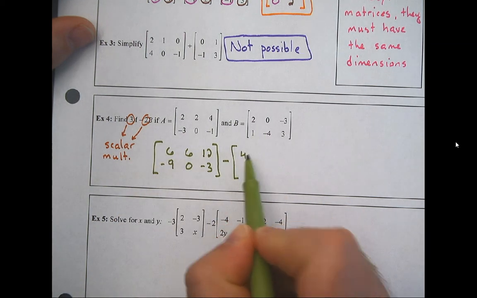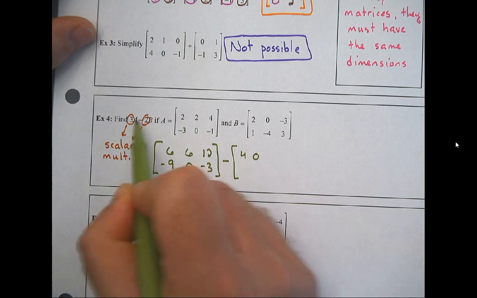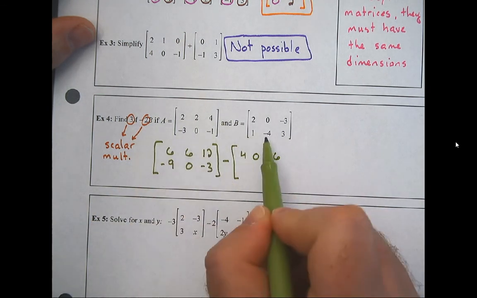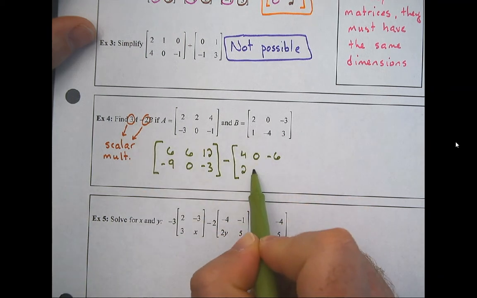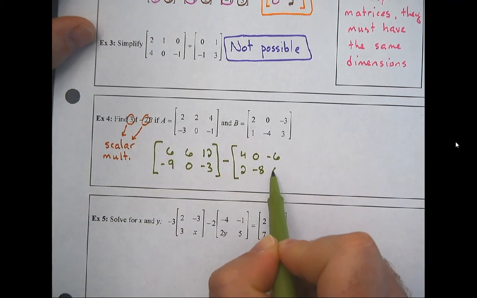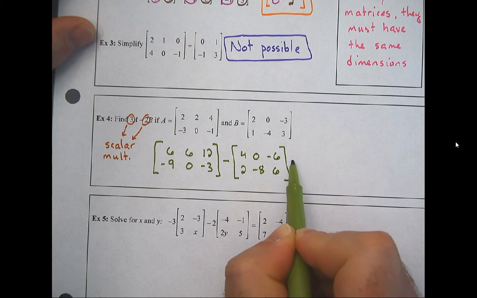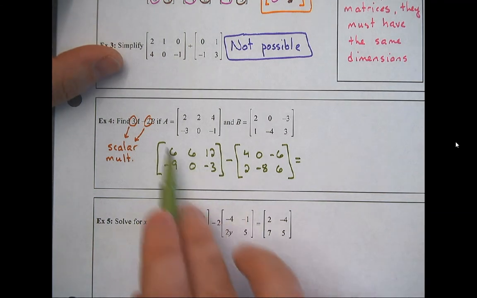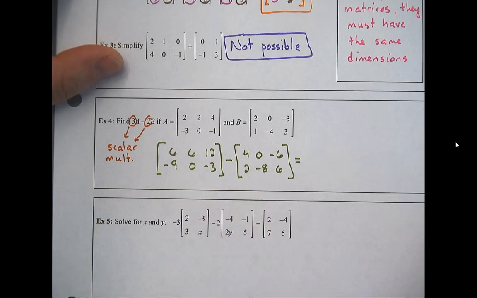So that would be 4. That would be 0. That would be -6. Then that would be 2. That would be -8. And that would be 6. So I just multiplied everything in matrix B by a 2.